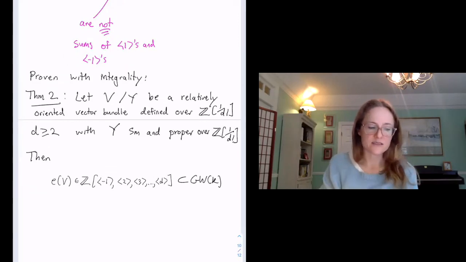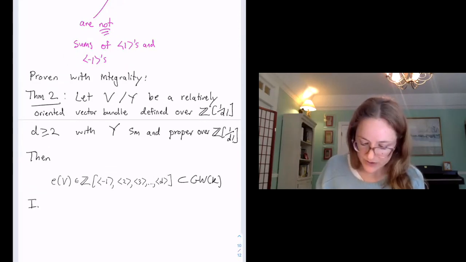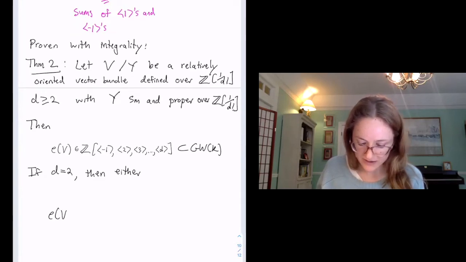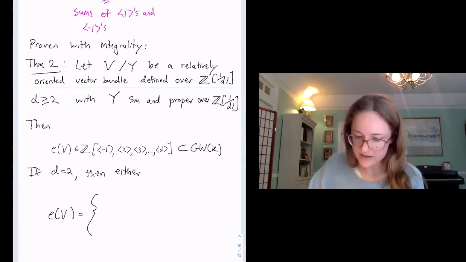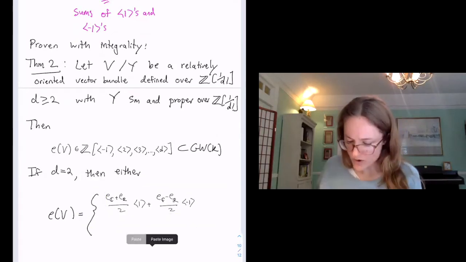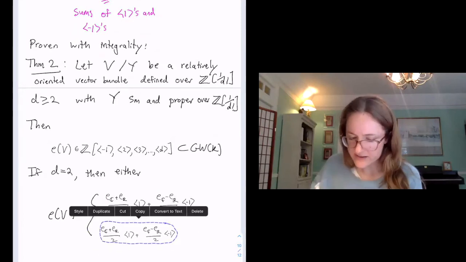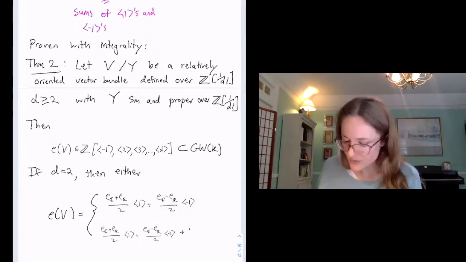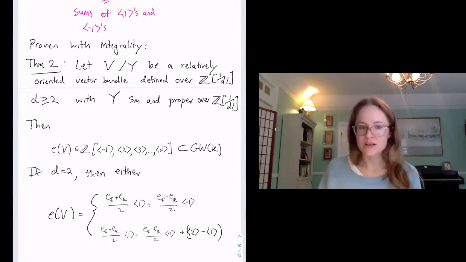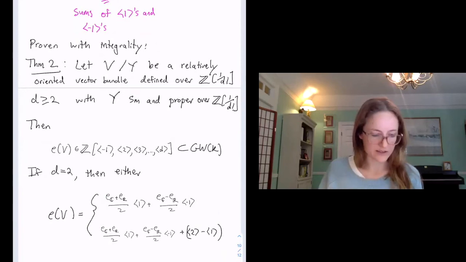And in the case of d equals 2, this leaves 2 possibilities. So then either E of V is this quantity here, or it's what we get by putting in a single 2, but keeping the signature the same.